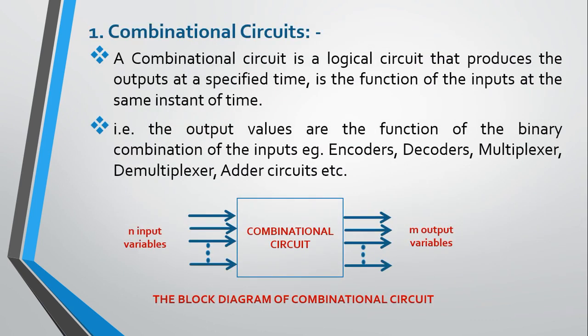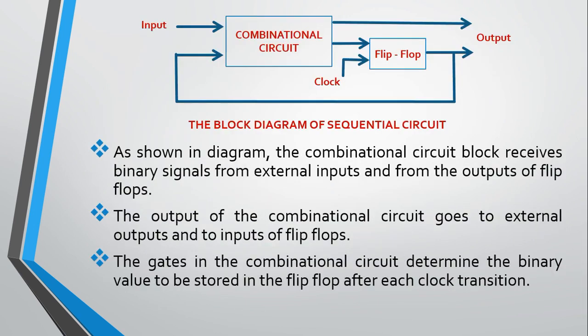See, this is the block diagram of combinational circuit. In combinational circuit, there is one input and there is output, right? And in between that you have used different types of logic gates. But over here there is input and output. Output does not depend on anything else, right? Similarly in the sequential circuit, we have memory elements which are called flip-flops.